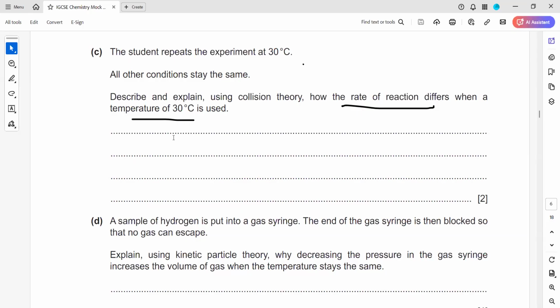Higher temperature means more kinetic energy, more speed, higher frequency of collision, greater number of the particles with energy more than activation energy, so they form more product. Kinetic energy comes from thermal energy. No need to mention that.